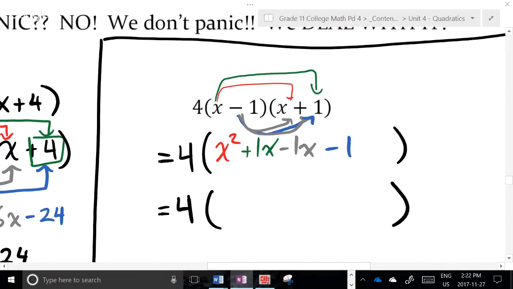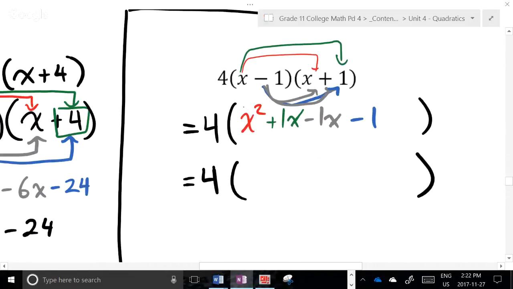I like this one. Christopher, what'd you get? No, no problem. Well, let's do it together. That's okay. How many x squareds are there in this line? I just see this one, right? So x squared.